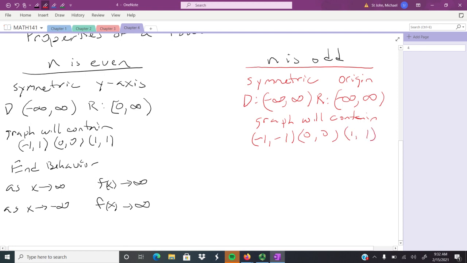And the end behavior: as x goes to negative infinity, f of x goes to negative infinity. And as x goes to infinity, f of x goes to infinity.